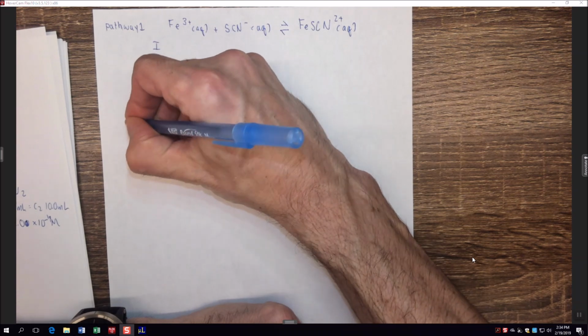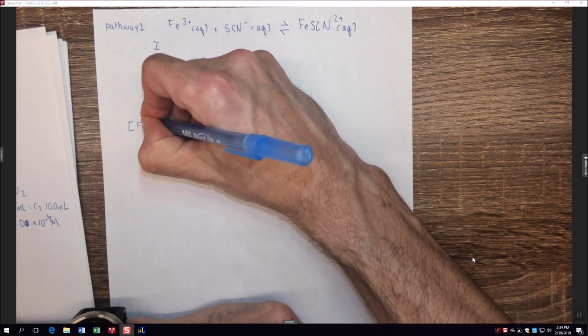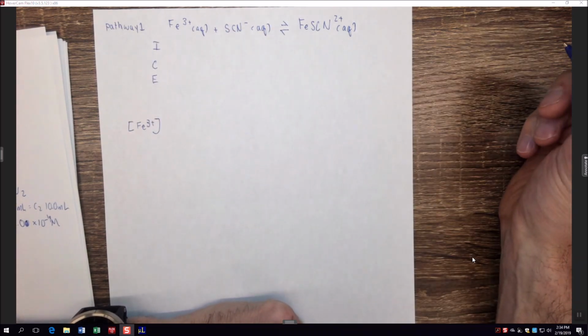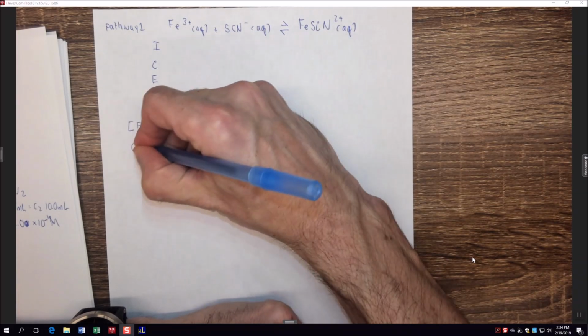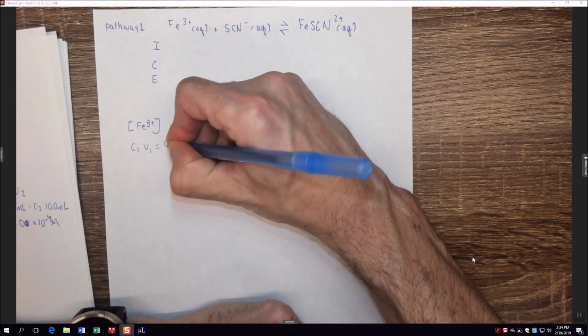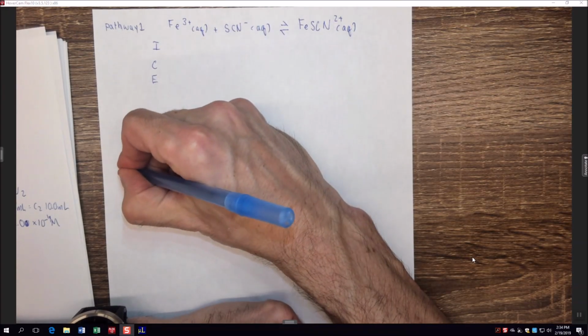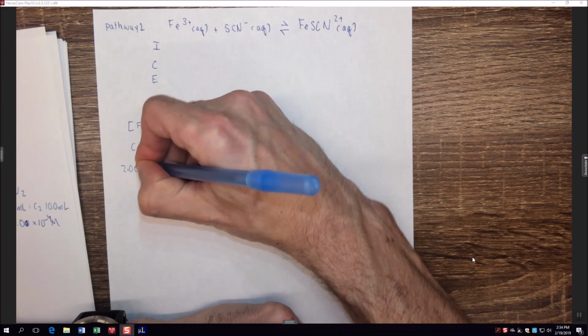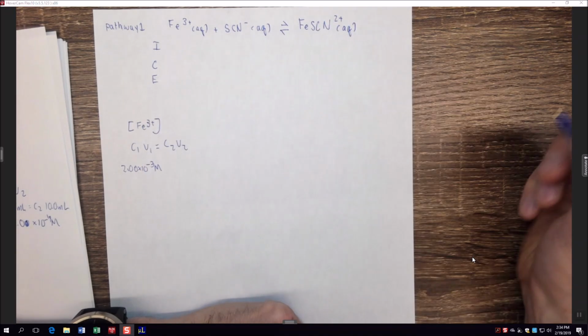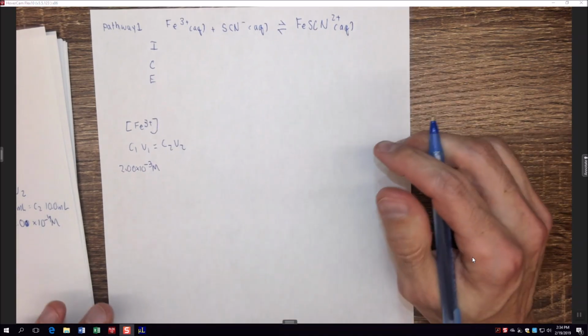So the concentration of Fe3+ can be found by using the dilution equation, C1V1 equals C2V2, where the initial concentration is 2 times 10 to the minus 3 molar, because that's what you're given. That's what's on the bottle.